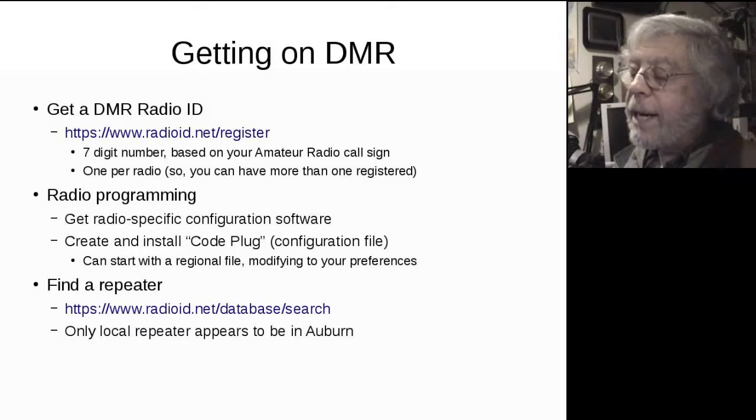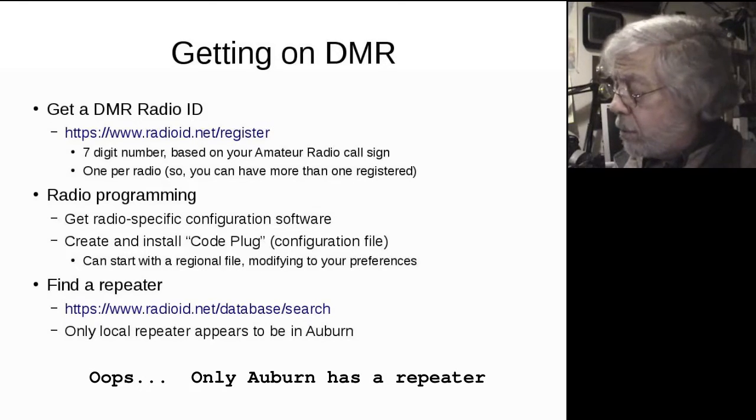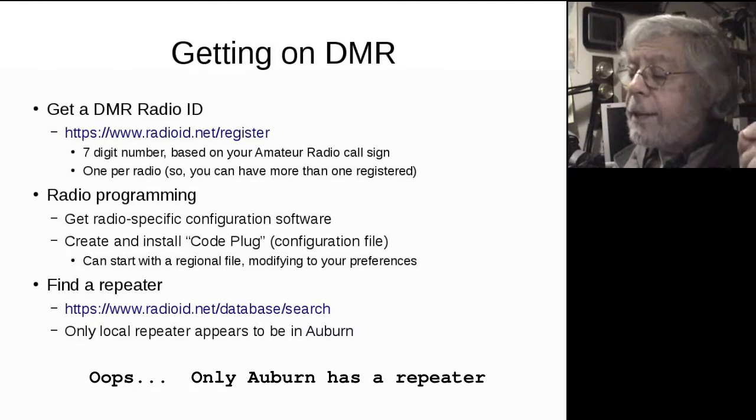Generally, you download what the radio has in it, modify it, and load it back up again. And then repeaters. There's another website for the database there. There are some, it appears, in Auburn, Rockland, and Sacramento that show up in the database. I don't have a DMR radio, so I couldn't check them out, but that's what I understand.